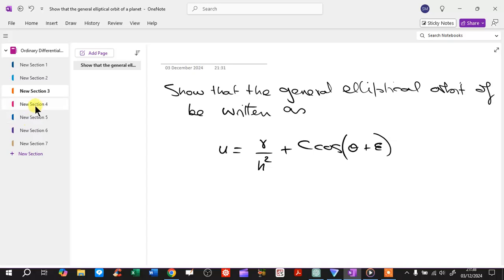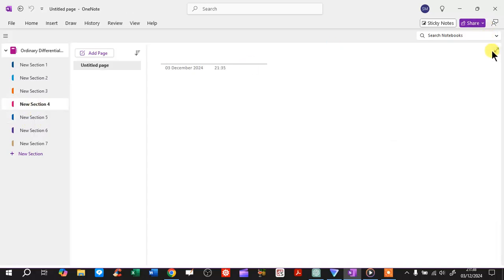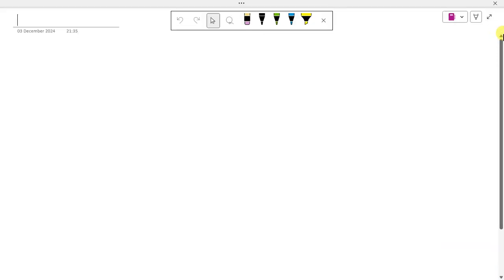Now, let's go to section 4, and we can start to draw a diagram. So we first of all draw our x, y axes. So x is along the horizontal and y is along the vertical.